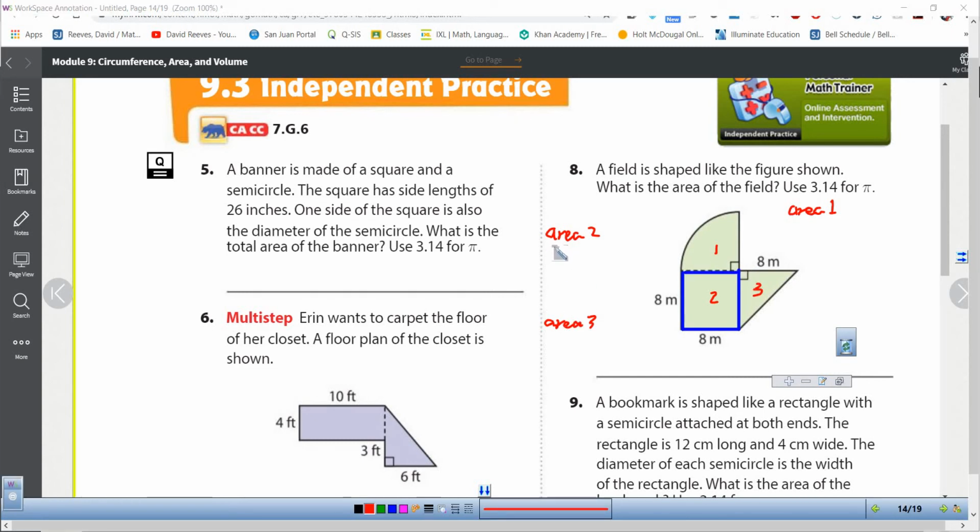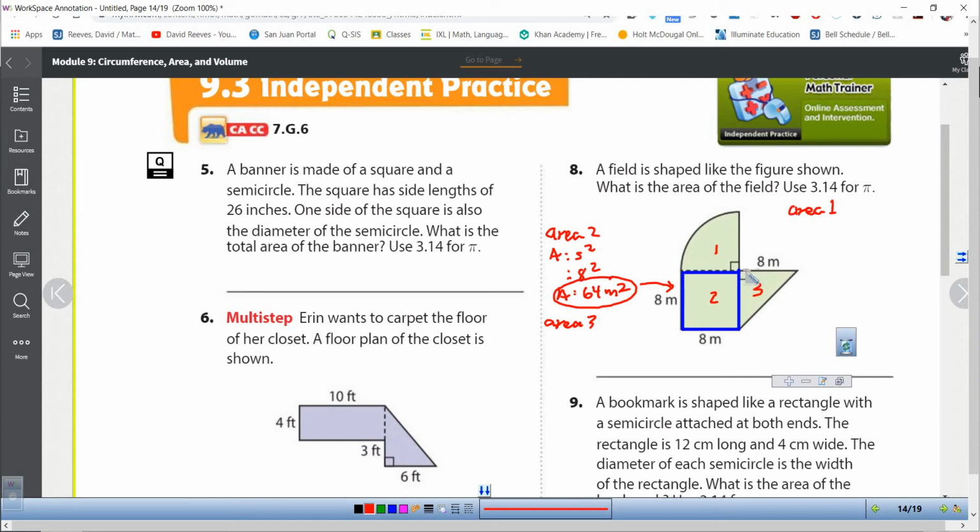So for area 2, we have a square, and the area of a square, again, is the side times itself. So the area is going to be 8 times 8, or 64, right? And again, the units are meters. So when we find the area, it's always in square units. So the area of the square is 64 square units. That takes care of that part right there. All right. Area 3. What is area 3?